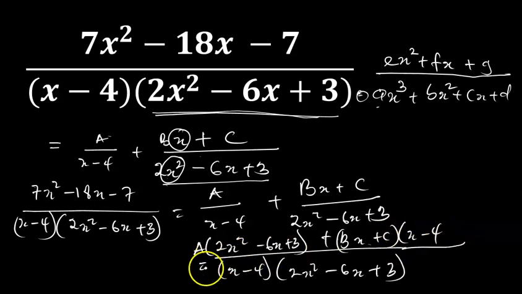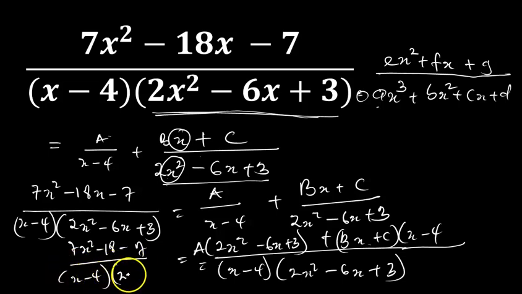Now remember that this equals (7x squared minus 18x minus 7) over (x minus 4) into (2x squared minus 6x plus 3). If you look at it closely, you see that both denominators are equal, so we can cancel the denominators. Then we can equate what we have.